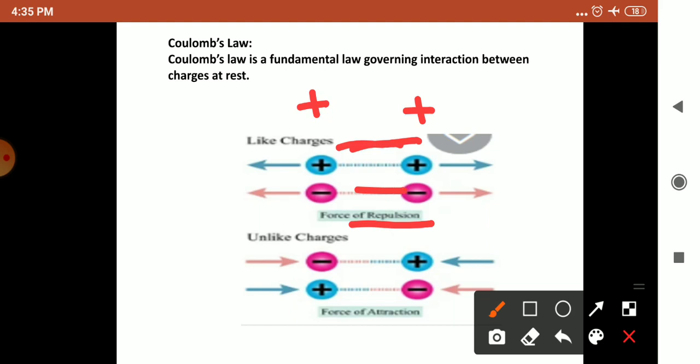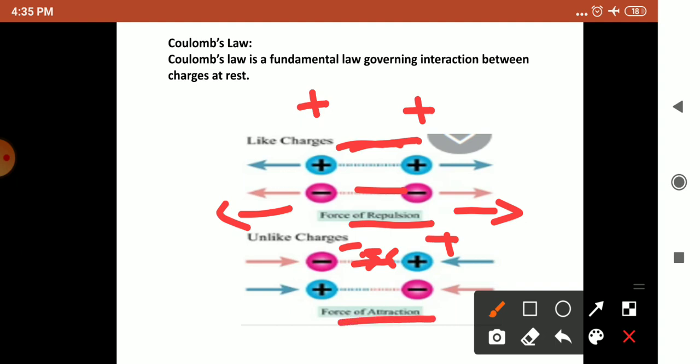Negative also will give the force of repulsion. That means they will repel from each other. And when there are opposite charges, negative and positive, interacting with each other, they will attract towards each other. So this force is the force of attraction.